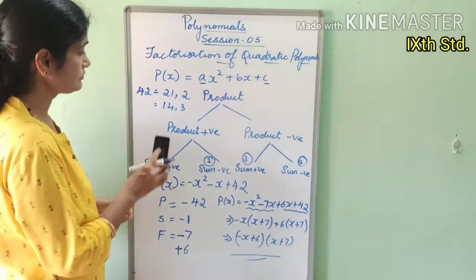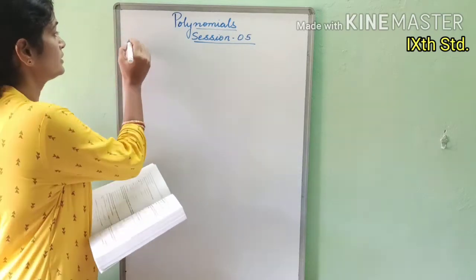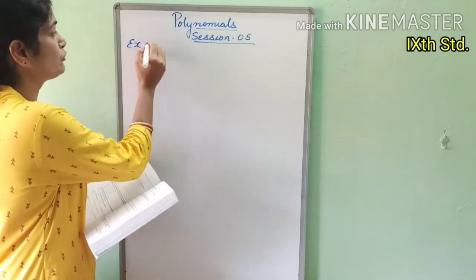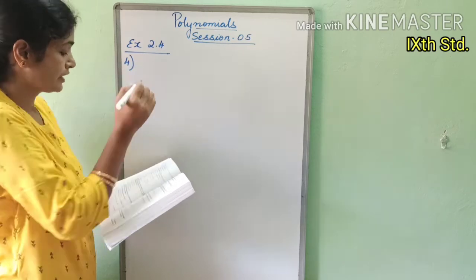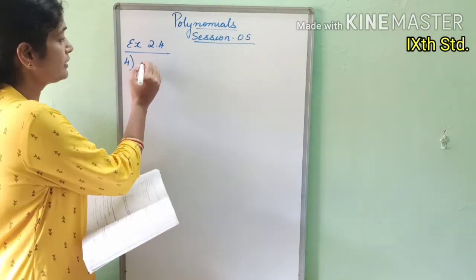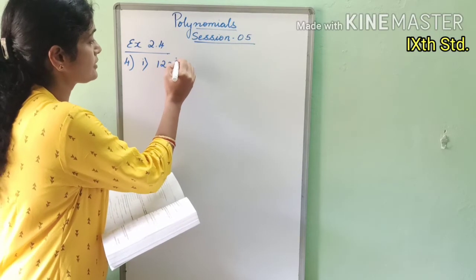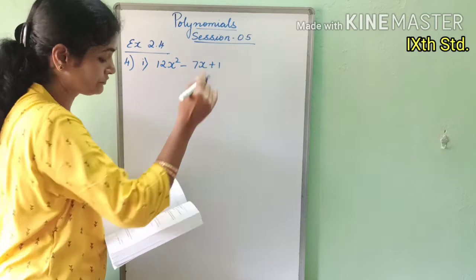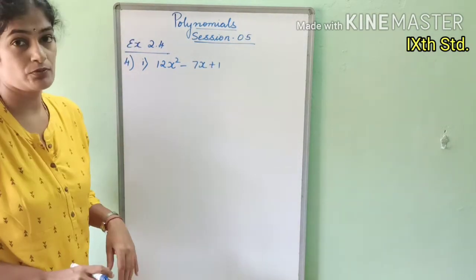Fine. Now let's see exercise 2.4, the 4th question. In the previous video we have done up to the 3rd question. Now we will see the 4th one. It is factorizing. In the first bit they have asked you to factorize 12x square minus 7x plus 1. Now you have seen the different types of quadratic polynomials you can get.